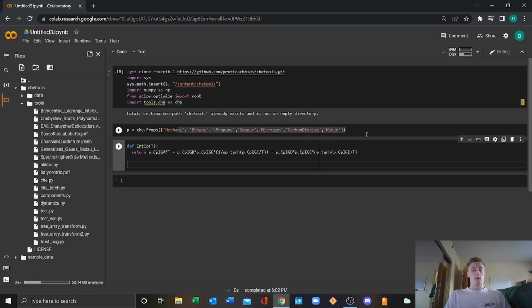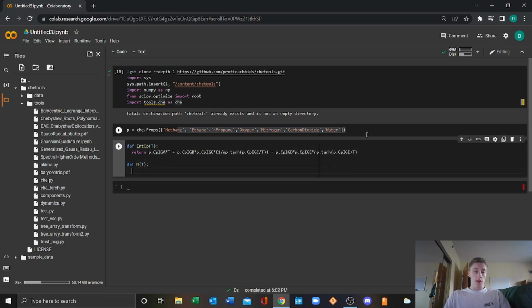The left-hand side of the equation equals 0, but it's the differences in the enthalpies. And we want to find those enthalpies at given temperatures. So we'll define H and then just T, the enthalpy at a given temperature.